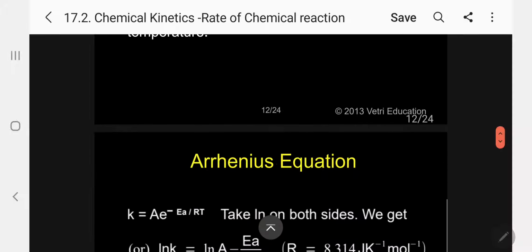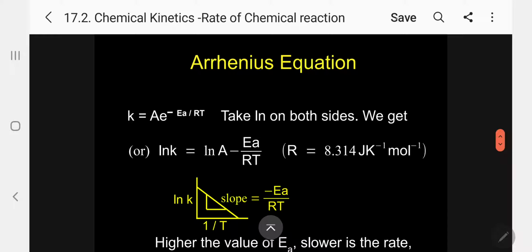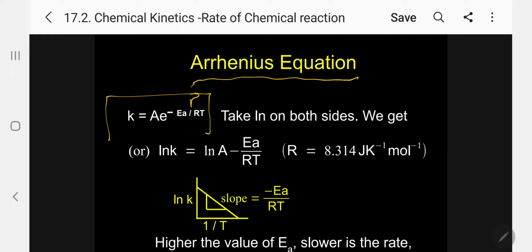Please follow. In order to understand this, Arrhenius, a famous scientist, has given an equation called the Arrhenius equation, which gives the relationship between the rate constant and the temperature. So this is the Arrhenius equation: k equal to A into e to the power of minus Ea by RT.